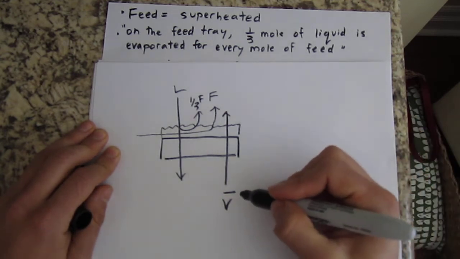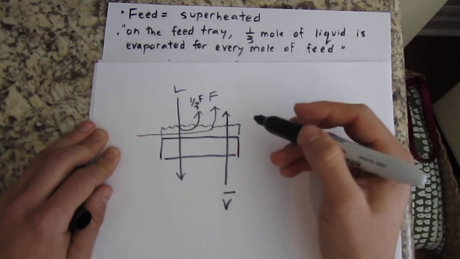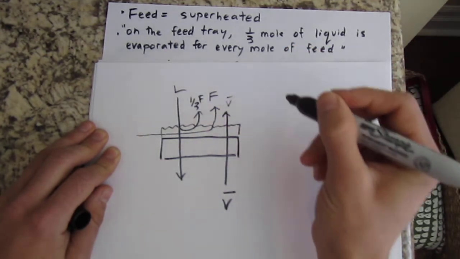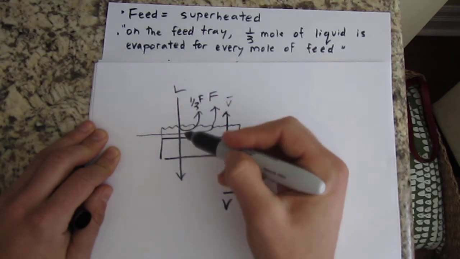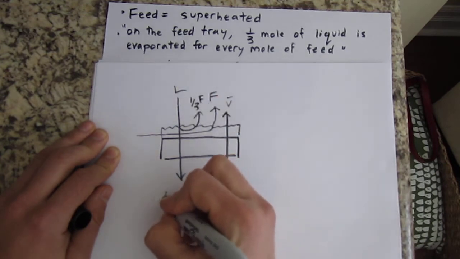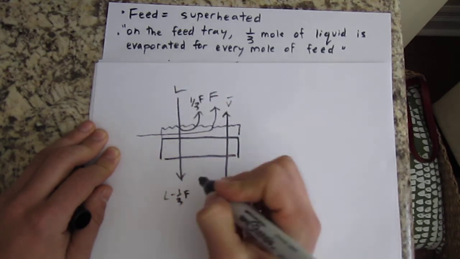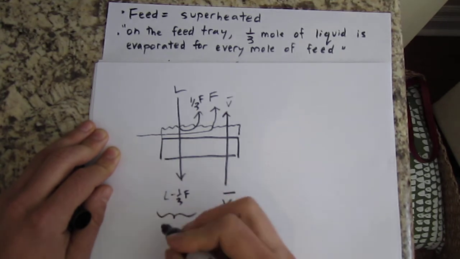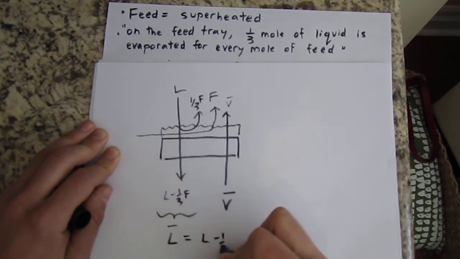So that means this V bar is moving through unimpeded, so this is still V bar. And this L is losing 1/3 F, so this is L minus 1/3 F. And that means that L bar equals L minus 1/3 F.